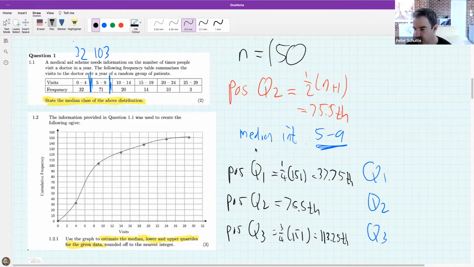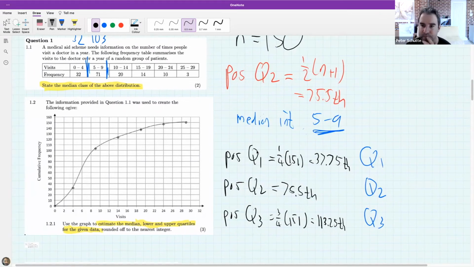The challenge now is getting a value. So what answer do you think we're going to get for the estimate of Q1? So 37.75 should be about... and 75.